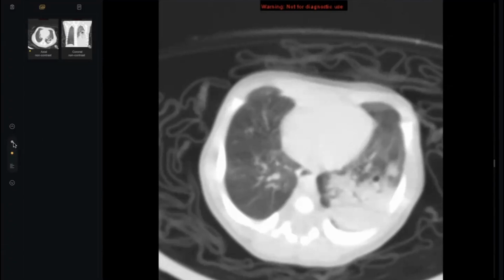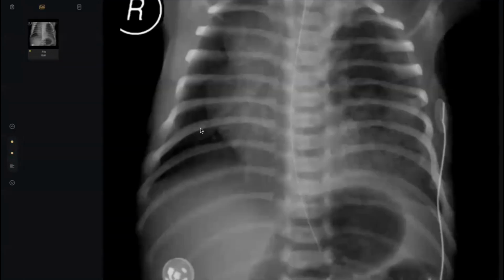My advice to all of you, my colleagues, as I told you many times, when you see a film or an image, ask yourself in which pathway I'm running. This is urgent, this is chronic, this is congenital. In neonate or in pediatric, this is infection. Ask yourself, is this infection or is this congenital?